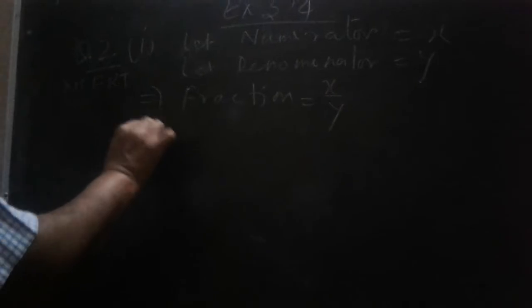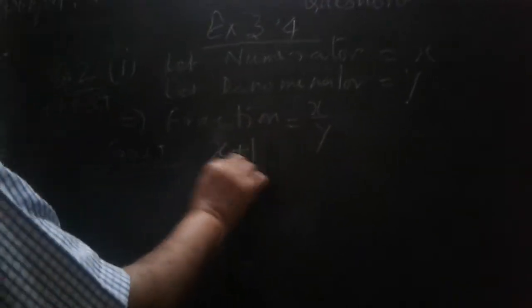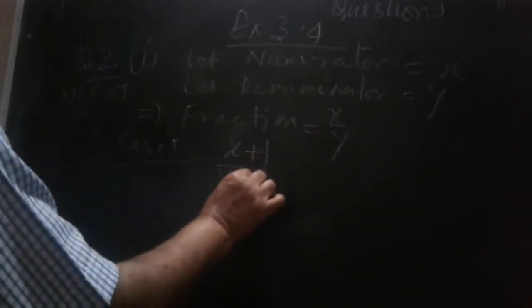Now case 1. We are given, if we add 1 to the numerator, we suppose the numerator is initially x, now we are adding 1 to the numerator and subtracting 1 from the denominator. Now the fraction we have is x plus 1 upon y minus 1, and according to the condition it reduces to 1.